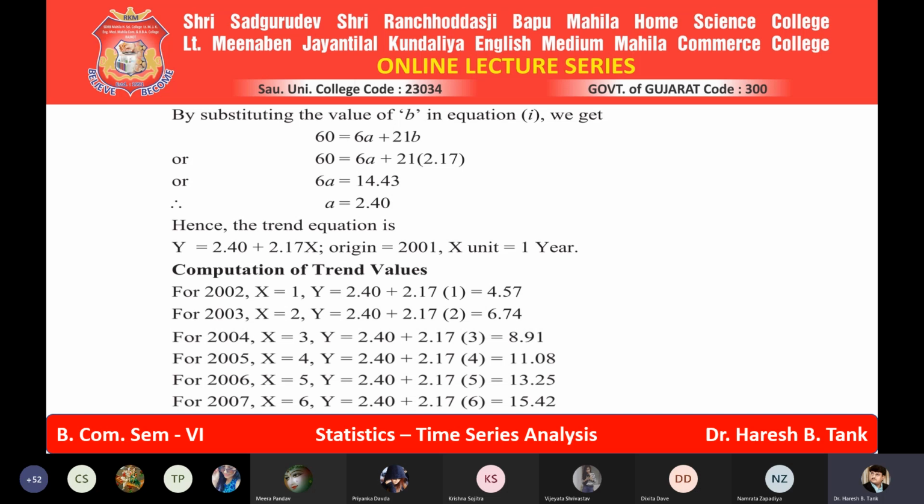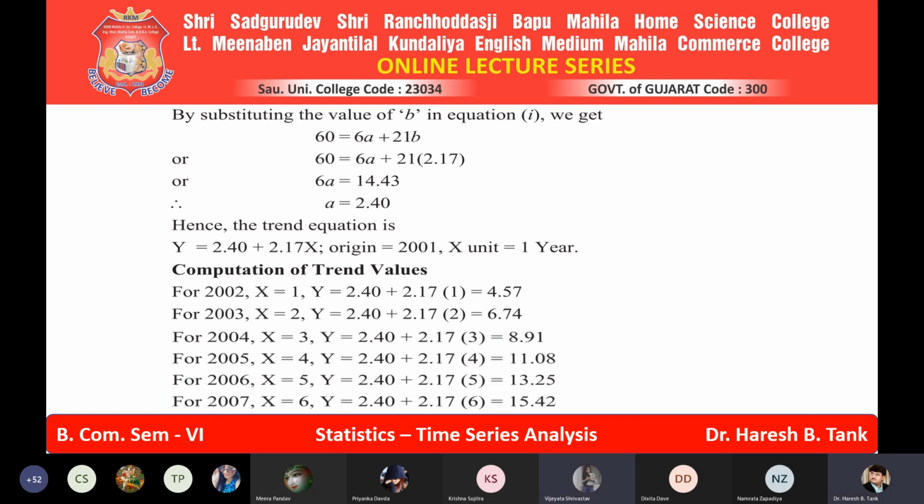So this many different columns are to be formed. For the data set given to you, you have to formulate the columns from which you can get summation of y, n, summation of x, summation of xy, and summation of x square. Is it perfect?